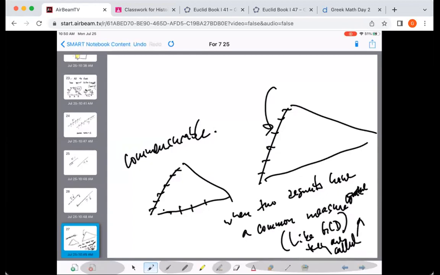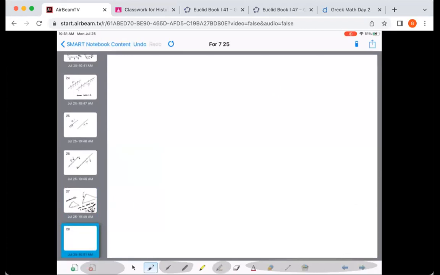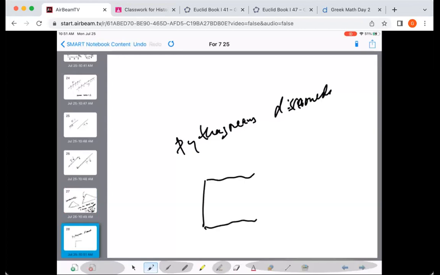And that was all fine until the Pythagoreans discovered that if you take a square and you take the diagonal of the square, which is the square root of 2, there was no common measure between 1 and the square root of 2. So let's put them side by side, 1 and square root of 2.